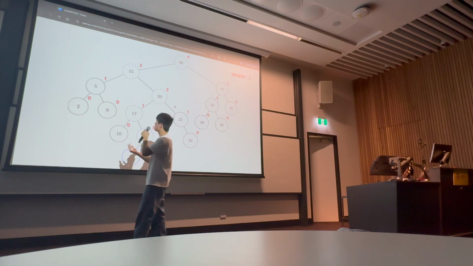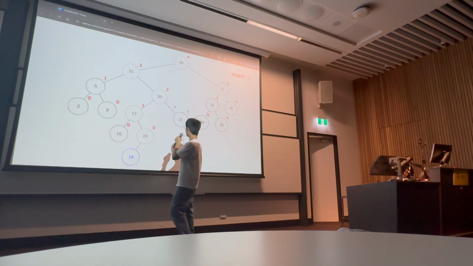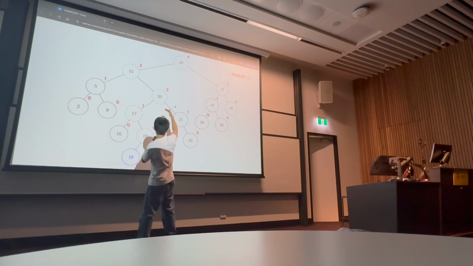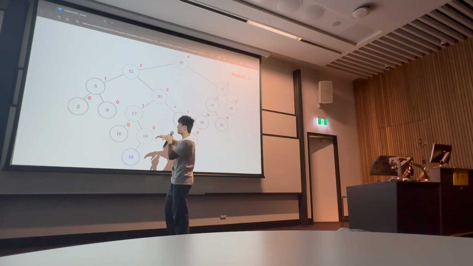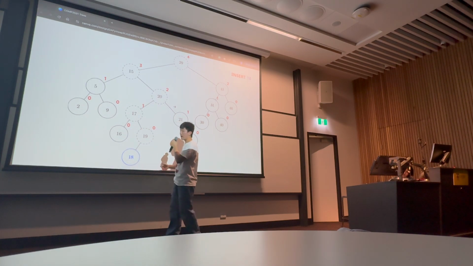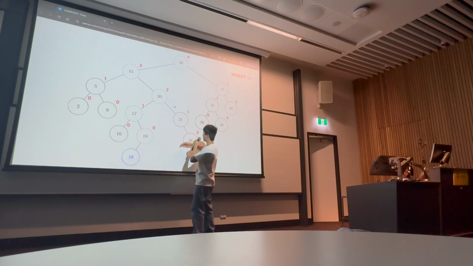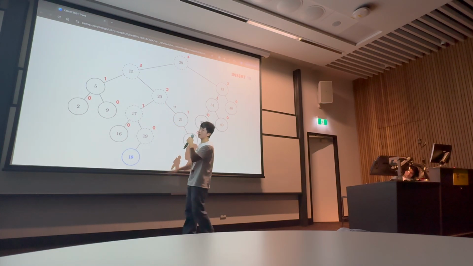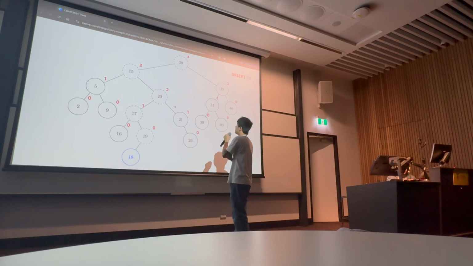So the difference is 2. Once again, it's imbalanced. Now let's look at 20. Is there an imbalance there? There actually isn't, because the left subtree has a height of 3, while the right subtree has a height of 2. So there is no imbalance there. So we have concluded that the imbalance is at 15. And as such, we have to do some sort of rotation upon the node 15 so that we can get the tree back to its balanced position.